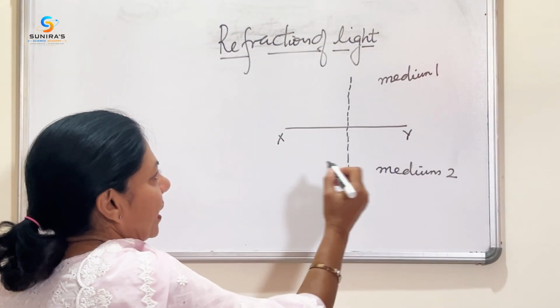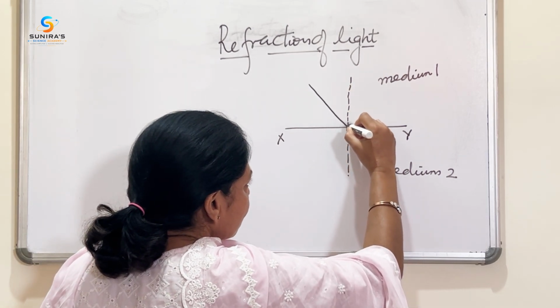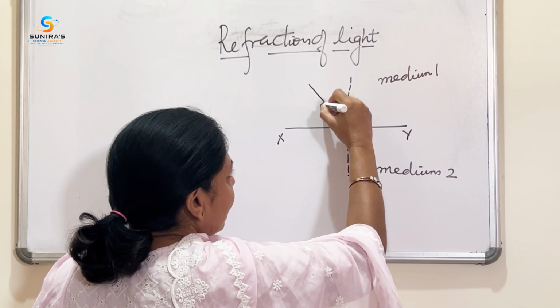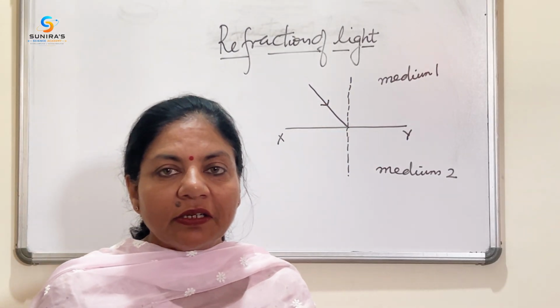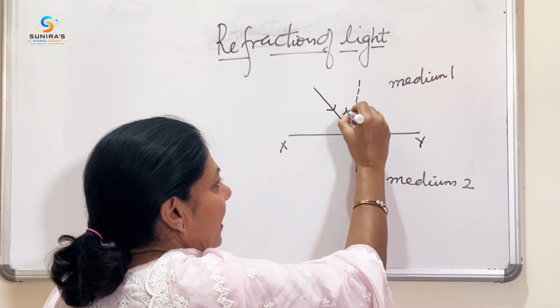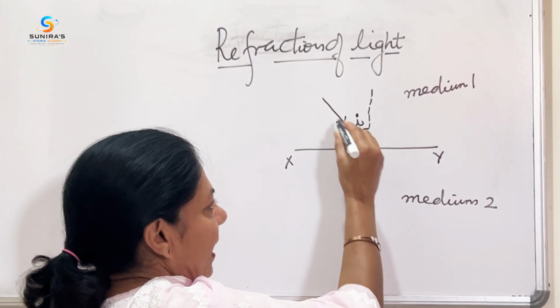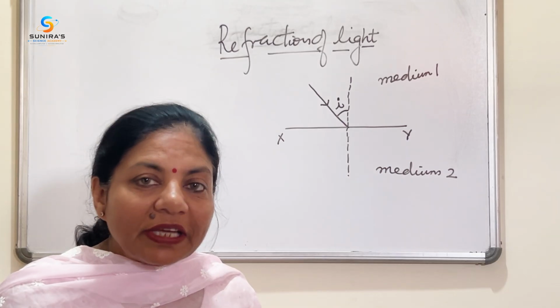Okay? Now let us say a ray strikes the surface obliquely. Obliquely means at an angle. This angle, as you already know, is the angle of incidence. The angle between the incident ray and the normal is the angle of incidence.